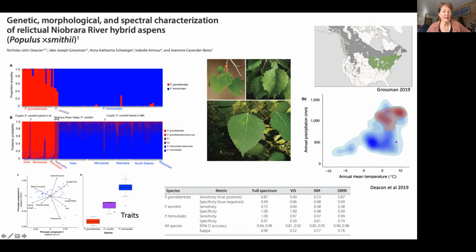So in purple is the hybrid, and the red and the blue are the 2 parental species. And what's interesting here is that when we use the full spectrum, it was very good at differentiating the parental species and also differentiating the hybrid from the parental species.